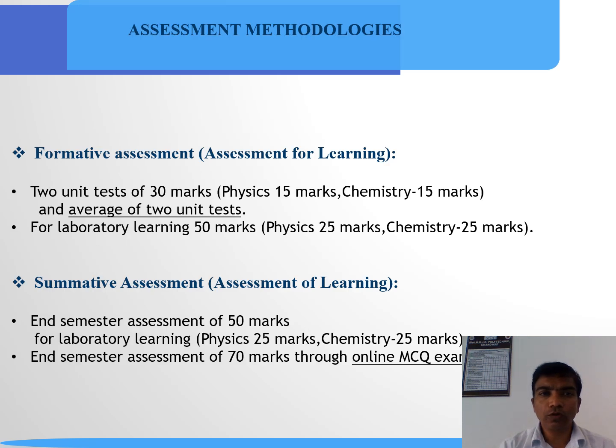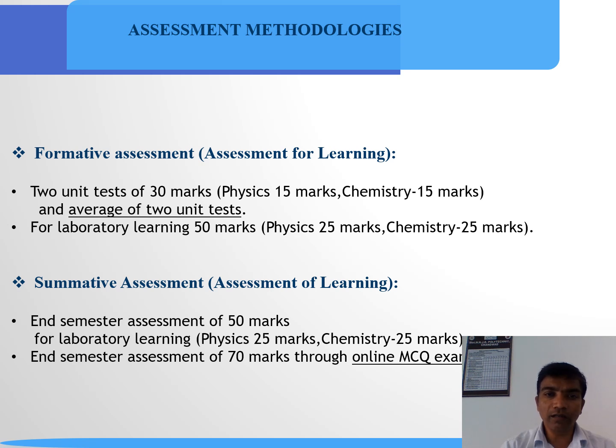Now let us move forward to the assessment methodology. As we have seen already, the assessment consists of formative assessment as well as summative assessment. The formative assessment consists of 2 unit tests of 30 marks, in which 15 marks are allotted for physics and 15 marks for chemistry.